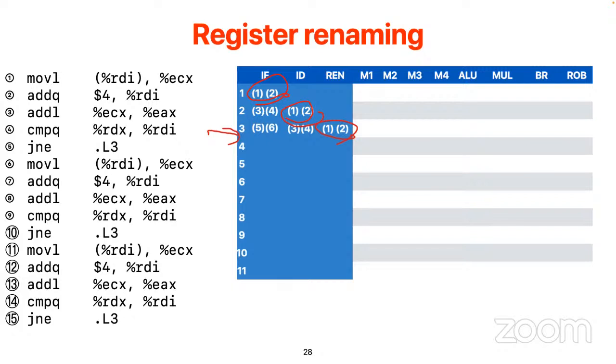Another assumption that I have is that the processor is a 2-issue processor. So what does 2-issue mean? It means that the scheduler within the processor can select at most 2 instructions into execution.